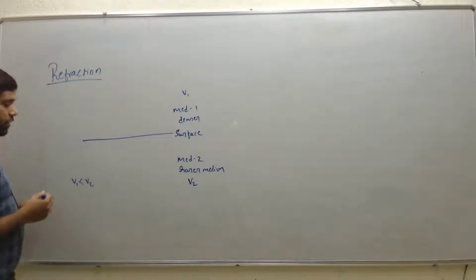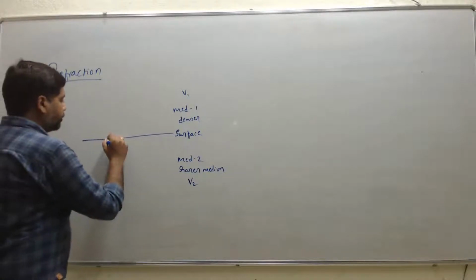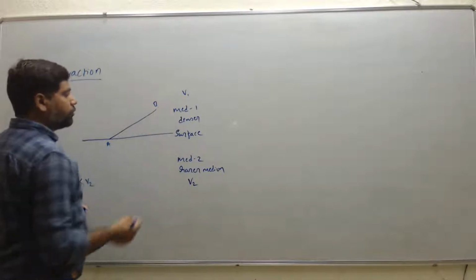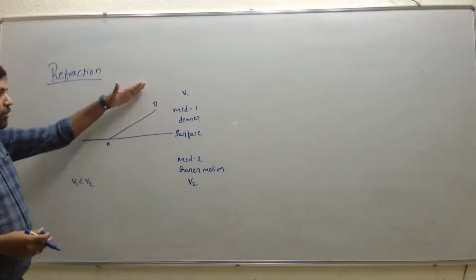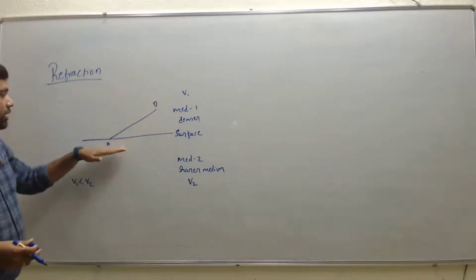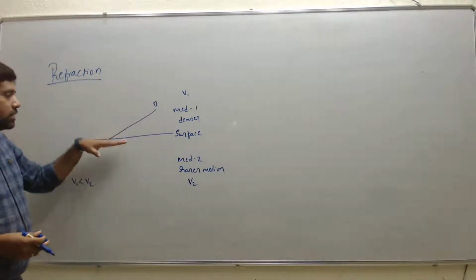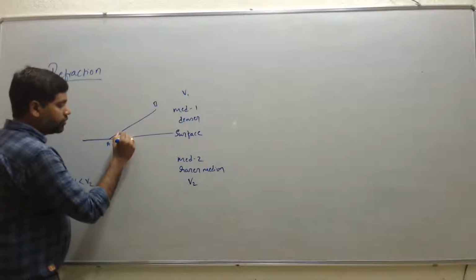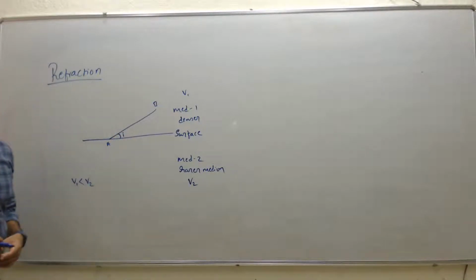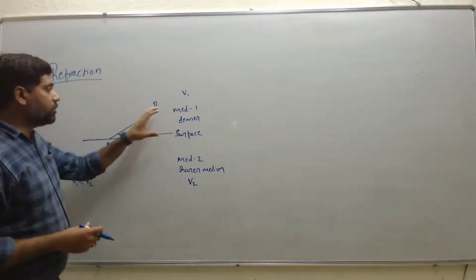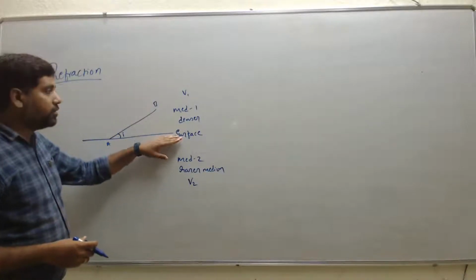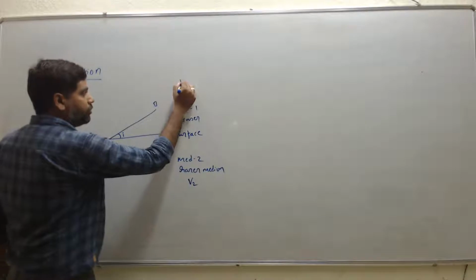So considering one wavefront, AB is the wavefront. If the wavefront strikes the surface, the point A first strikes the surface and makes the angle of incidence. Next, the time taken by the point B to strike the surface is time t.